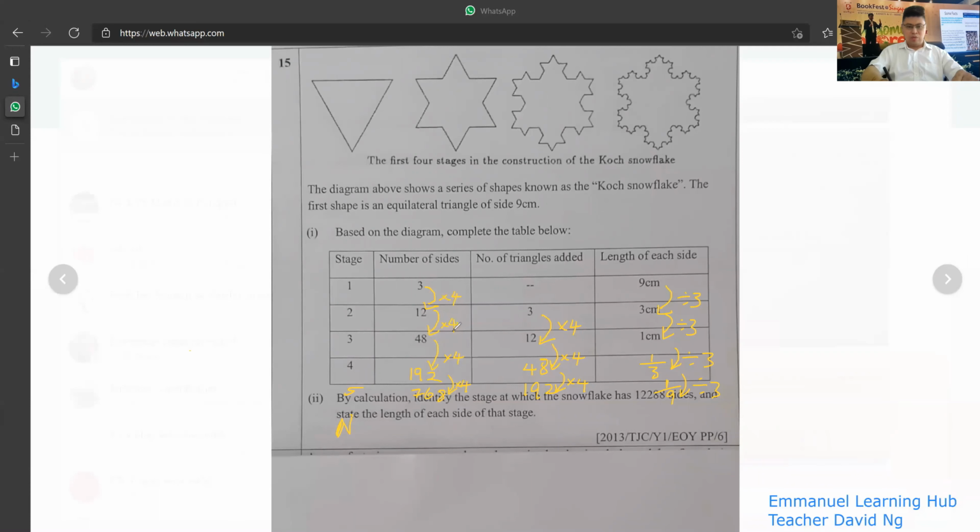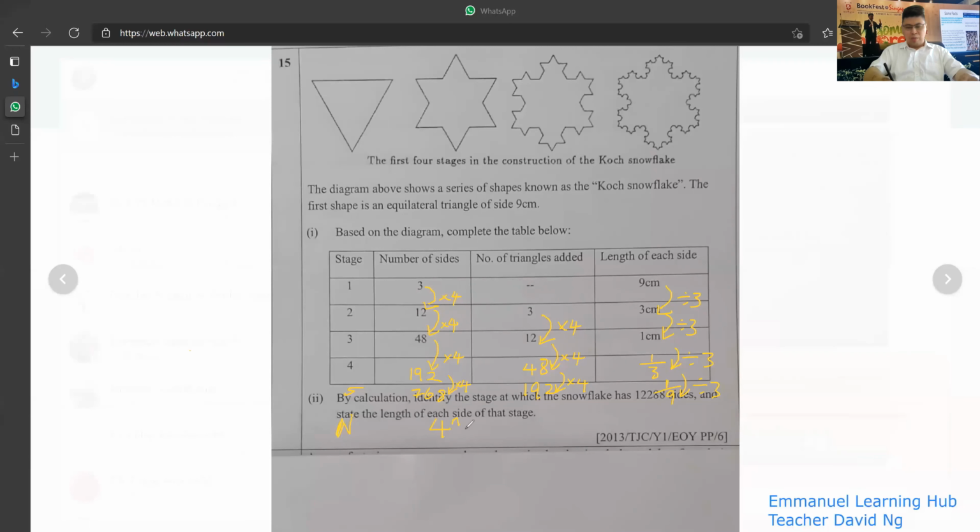Because each one is times 4, it'll be 4 to the power of n. Let's see, does 4 to the power of n carry water? It doesn't, because if n is 1, 4 to the power of 1 is 4.